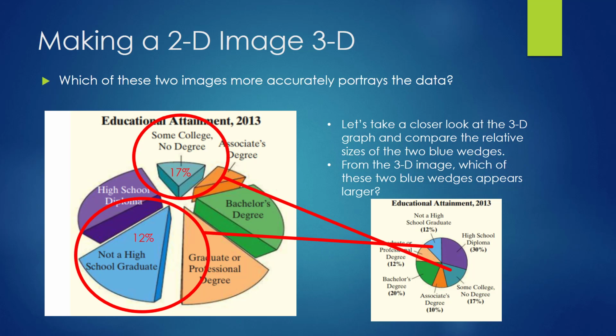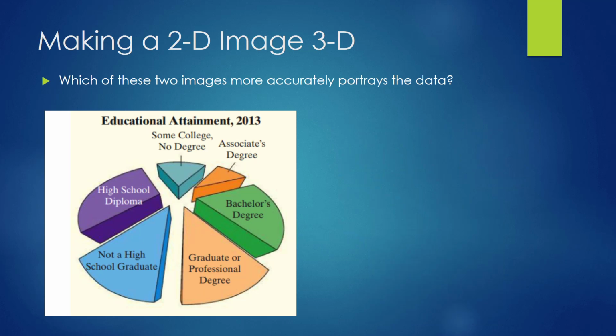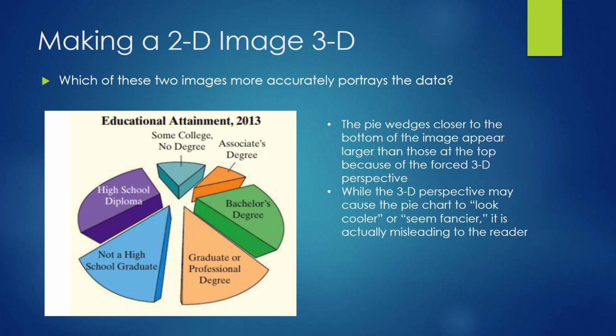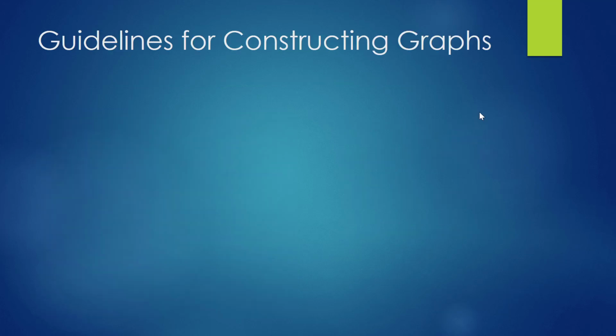Therefore, this is a misrepresentation of the data we're given. The pie wedges closer to the bottom of the image appear larger than those at the top because of the three-dimensional perspective. While the three-dimensional perspective may cause the pie chart to look cooler or seem fancier, it is actually misleading to the reader.